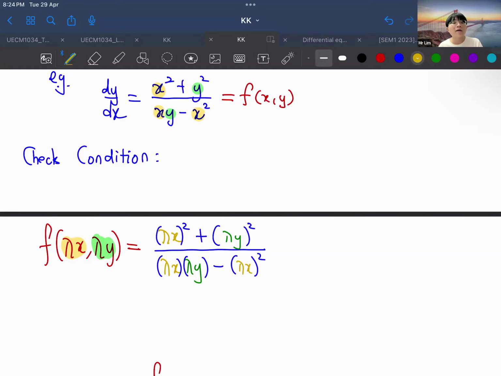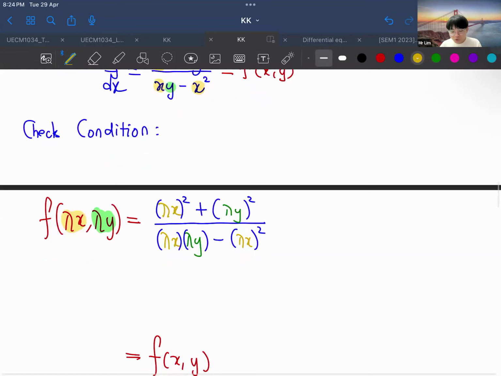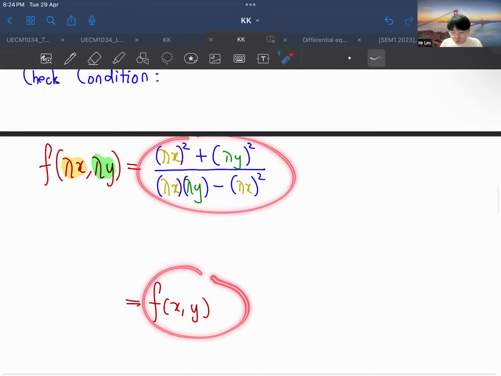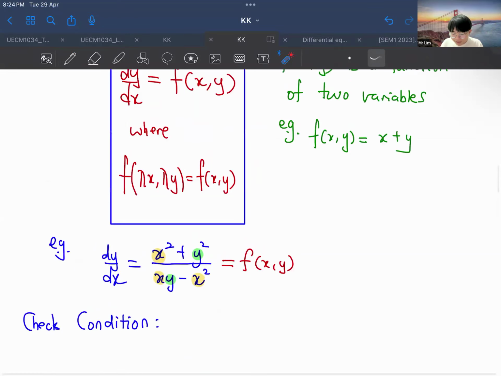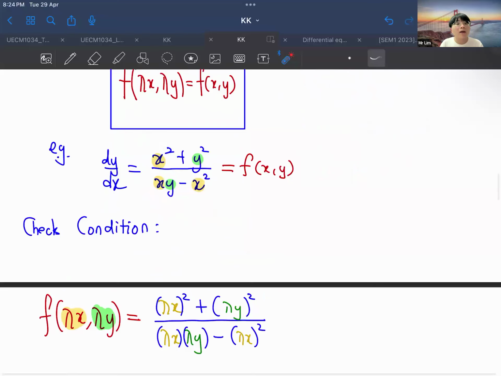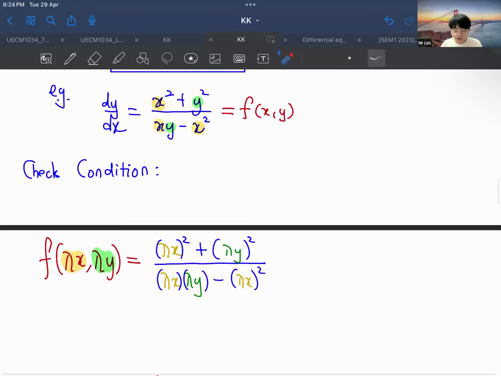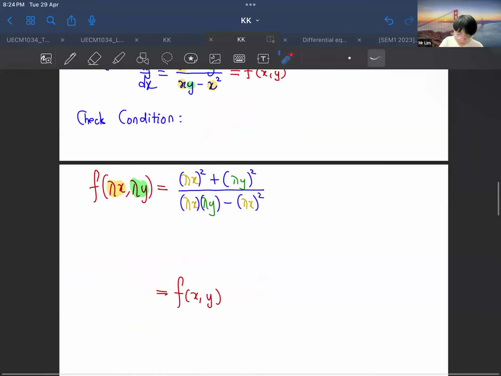So far, this is what I have. My final goal is to simplify this until I get back my f(x,y). I hope that I can simplify this one to this one. Can I do that? This is my question.